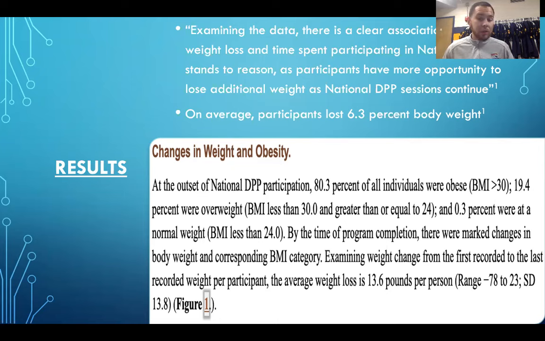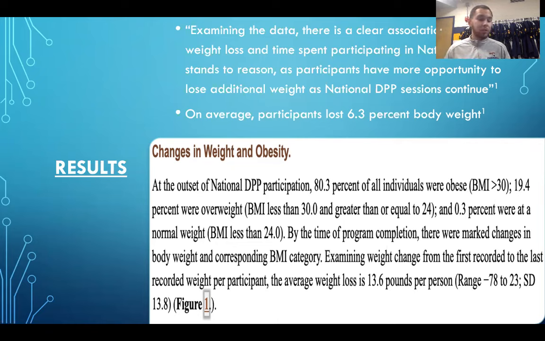On average, the participants lost 6.3% body weight, which is pretty impressive considering the CDC wants you in that 5 to 7% range that I'll mention in a little bit. So the changes in weight and obesity are straight from the article. 80.3% of the initial participants were obese, about 20% were overweight, and only 0.3% were at a normal weight.